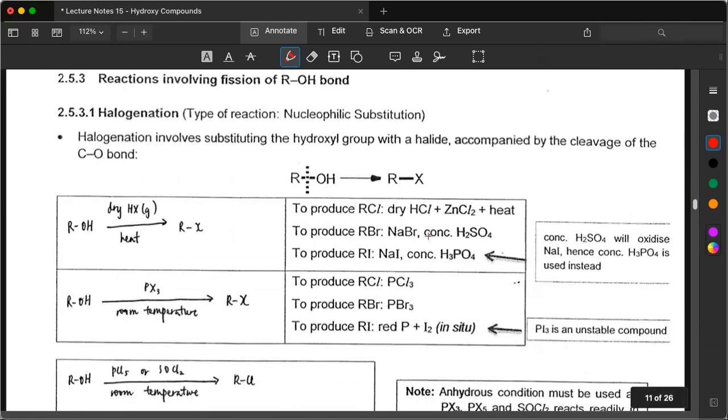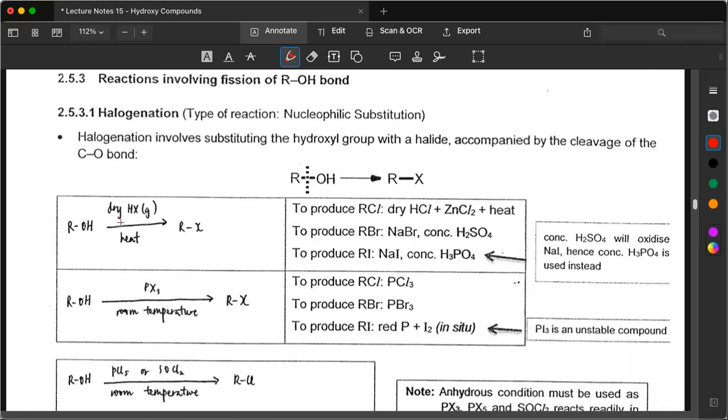Now, for the next reaction, halogenation, which is a type of nucleophilic substitution, it involves substituting the hydroxyl group with halide, accompanied by the cleavage of the C-O bond.